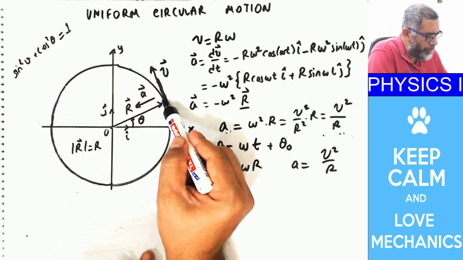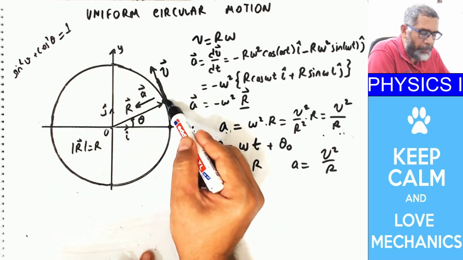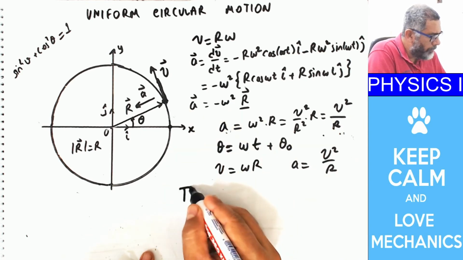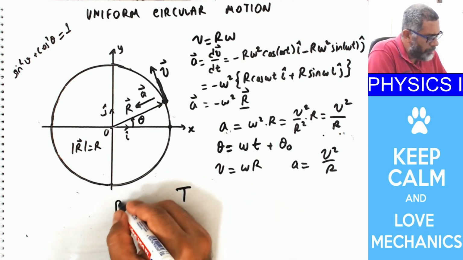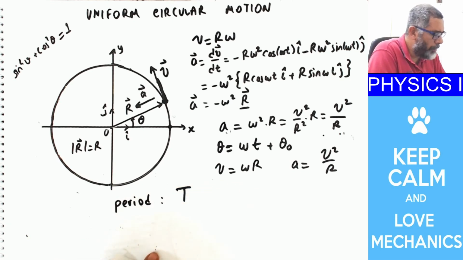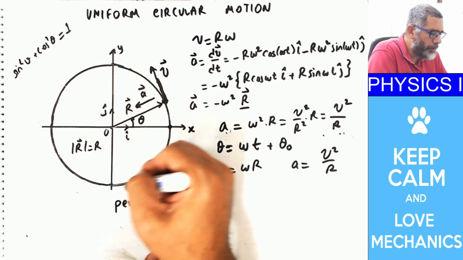Start from this point, make one complete revolution, and come to the same point again. This special time, which we put as a capital T, is called the period of the motion. The period in uniform circular motion means the time it takes the object to make one complete revolution.